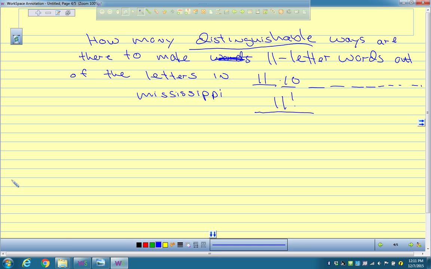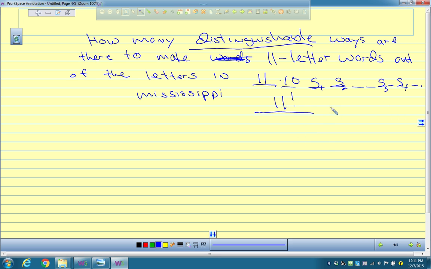However, if they're distinguishable, could I tell if I had an S here and an S here, could I tell the difference between those two S's? No, right? If I had to call this S1, S2, S3, S4, I could tell the difference, right?